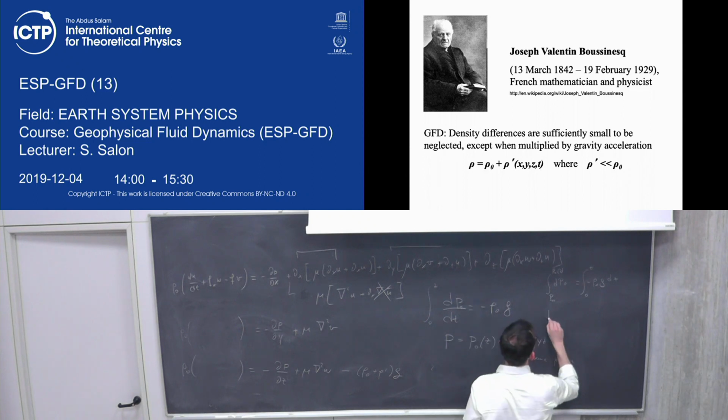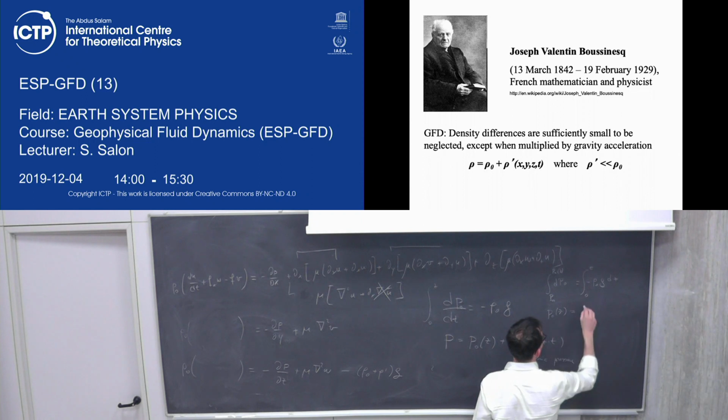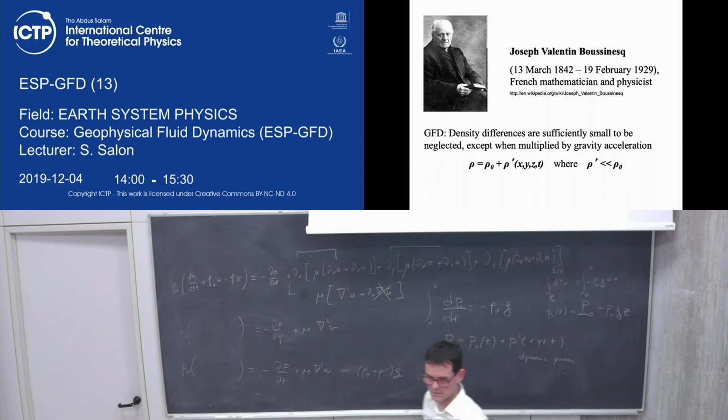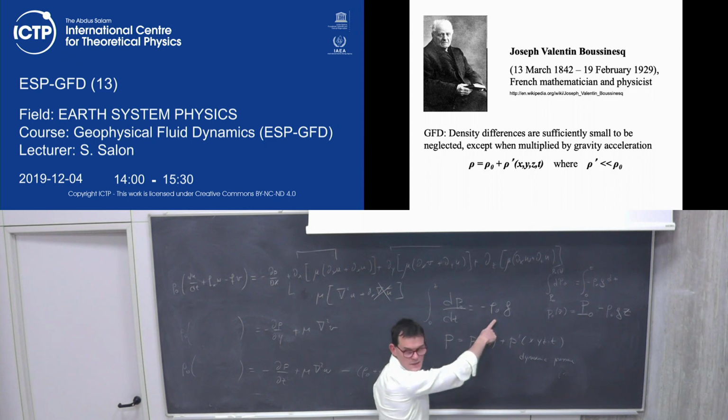So from this, I can solve P(z), the hydrostatic pressure, which is equal to a reference pressure minus rho 0 g z. Exponential? Why exponential? Oh no, linear, everything is linear. Because the change is constant.